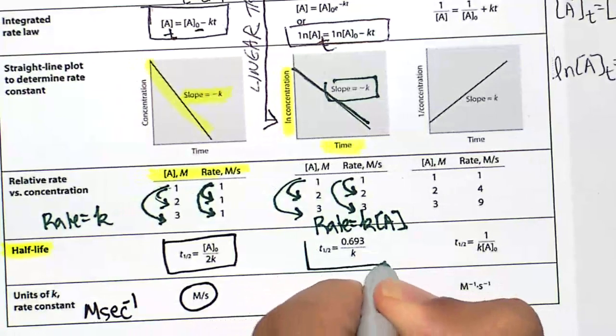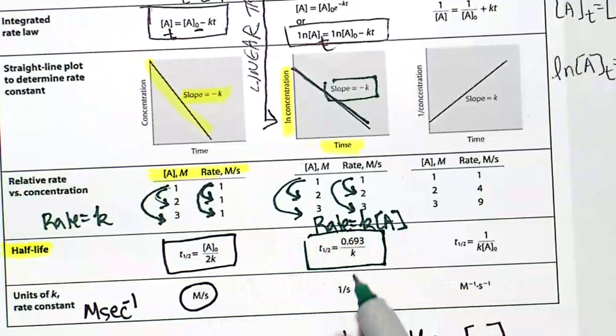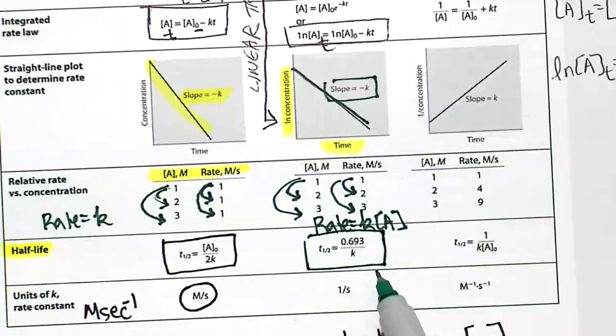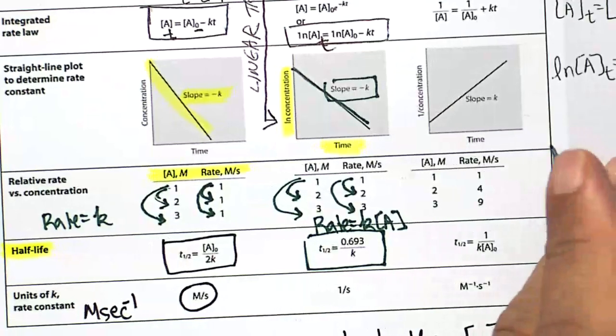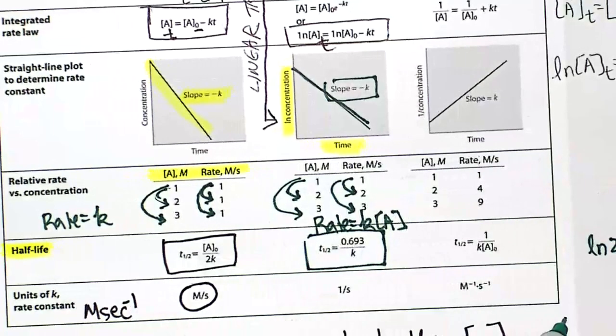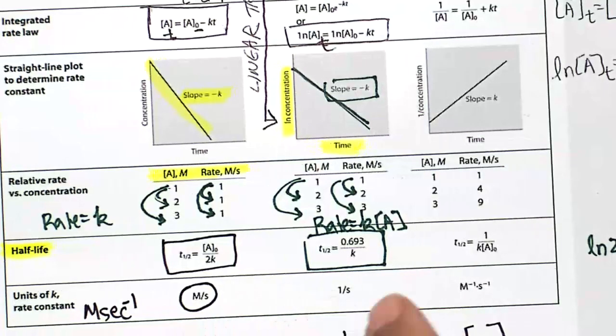And this is the equation for that. Half-life is 0.693 over K. Natural log of 2 is also 0.693. It has to do with integrating 1 over x. But so natural log of 2 over K, or 0.693 divided by K. K is the rate constant.